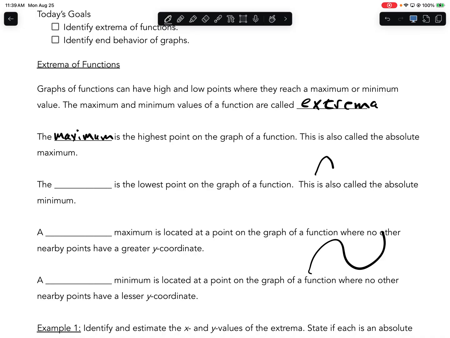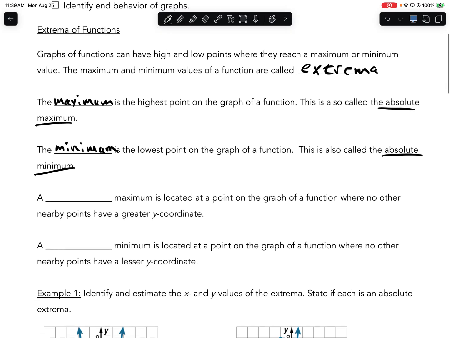If it looks like this, it has two maximums, right? So that's why it goes from absolute, as in there's only one, to relative, which we're about to talk about here in a sec. Lowest point's a minimum, shockingly. Lowest point on the graph, it's also called absolute min. Absolute max, absolute min.